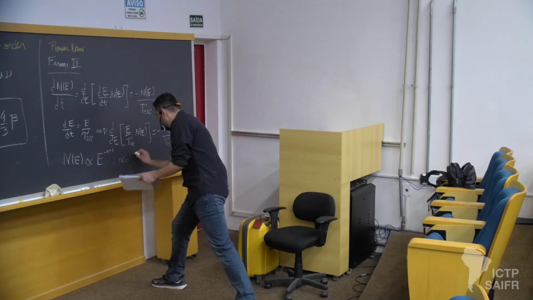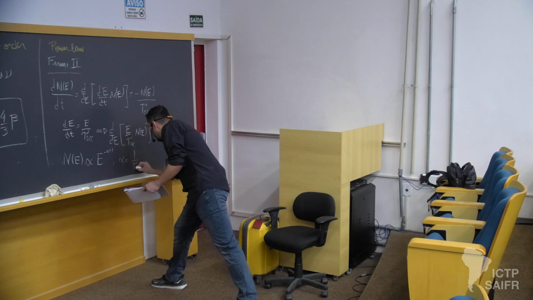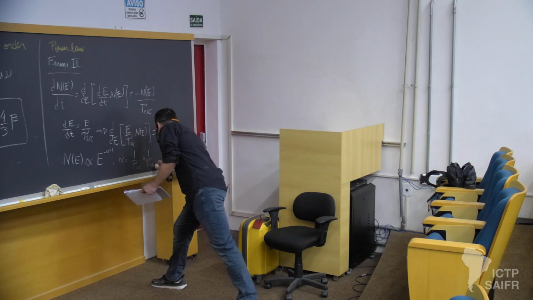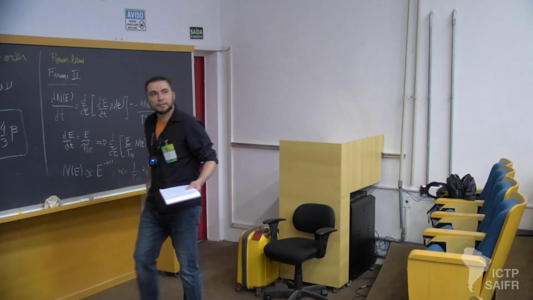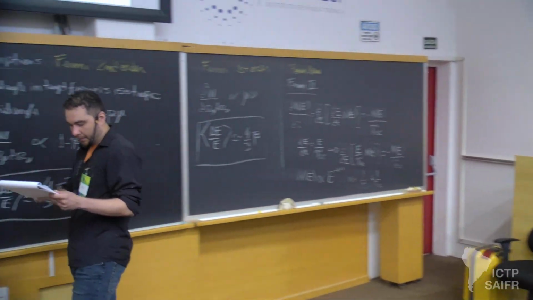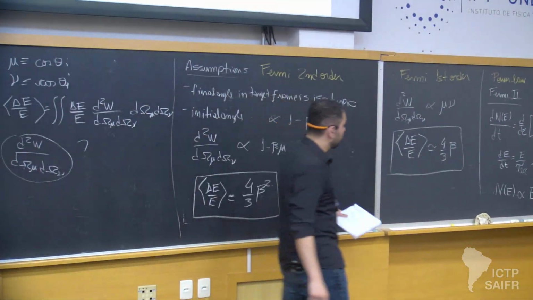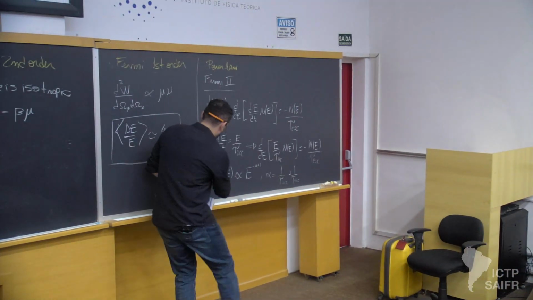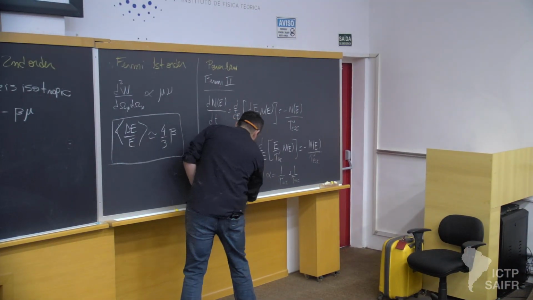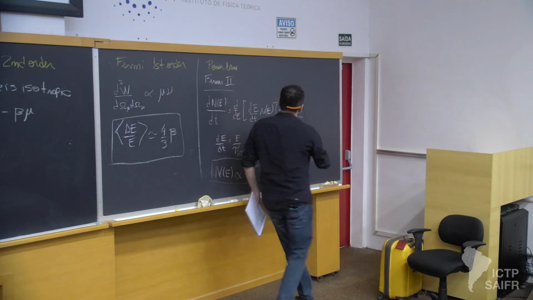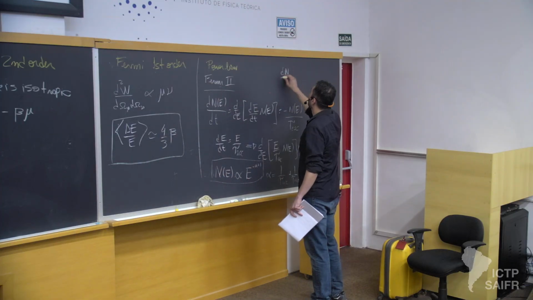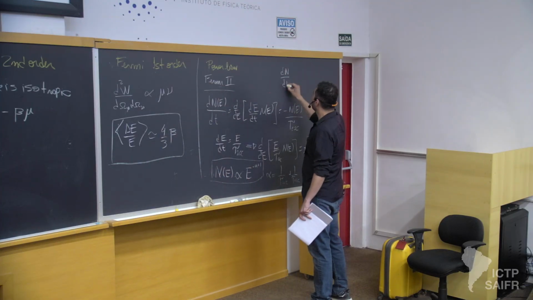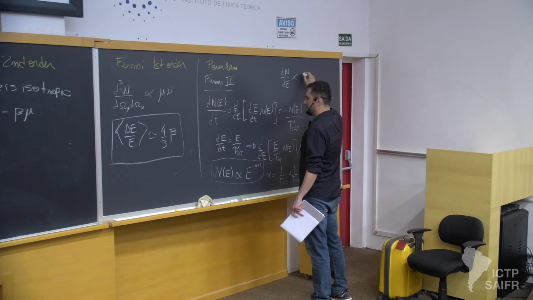So alpha, in this case, is going to be 1 over tau acceleration plus 1 over tau escape. This is the result, the usual form that we work with when we talk about power laws.